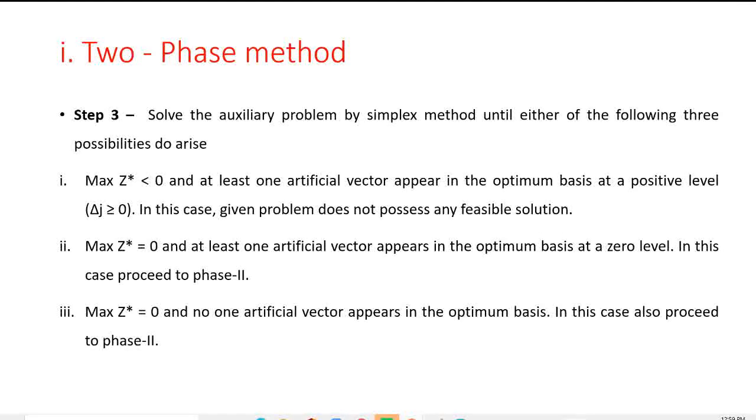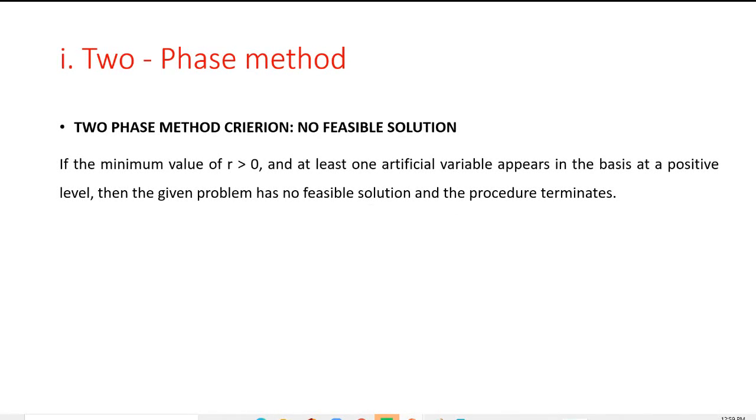After performing phase 1, the next step is phase 2. In the two phase method, we have to find the feasible solution and the optimal solution. Two phase method criteria, no feasible solution: if the minimum value of r is greater than 0, and at least one artificial variable appears in the basis at a positive level, then the given problem has no feasible solution and the procedure terminates.